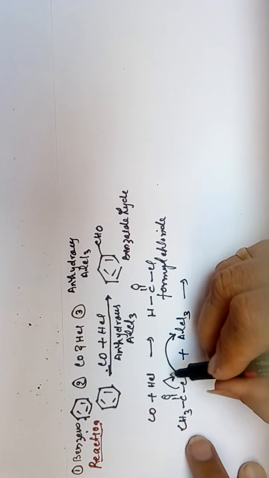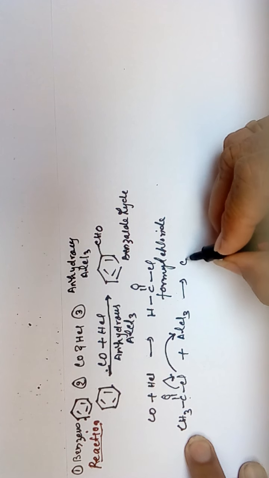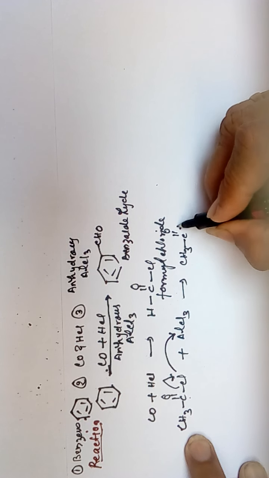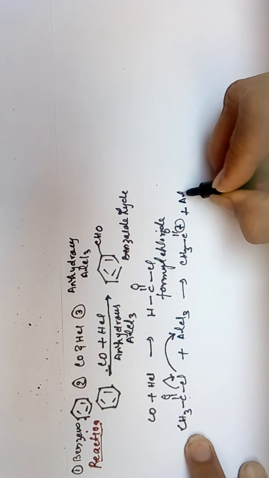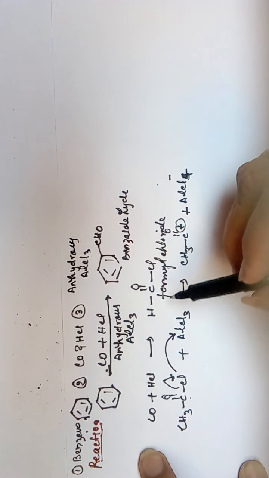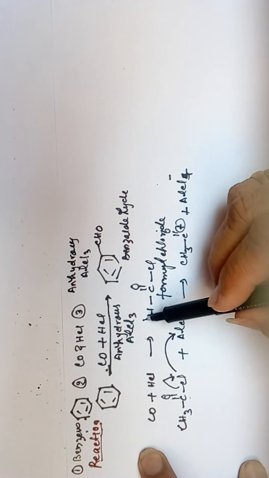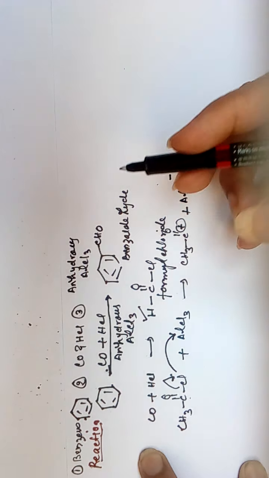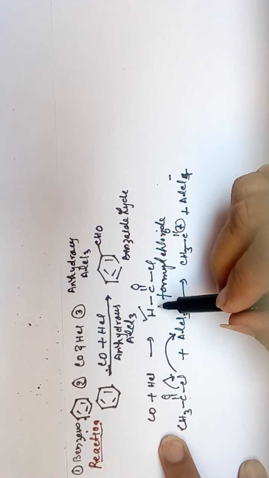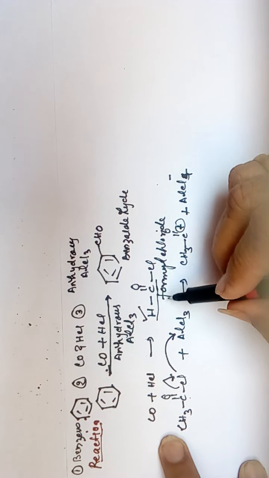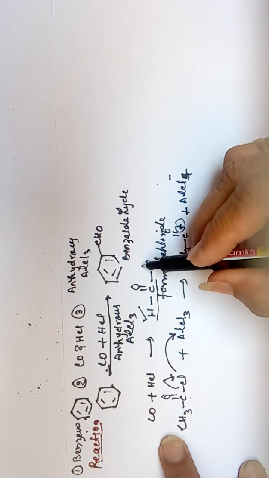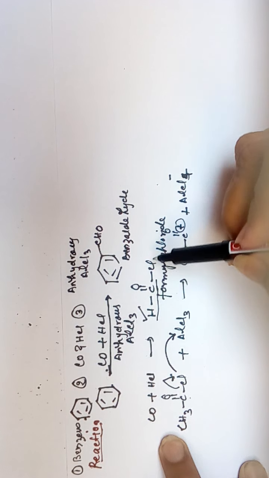This bond breaks and this carbon gets a positive charge, giving C double bond O positive, and AlCl4 minus is regenerated. Like this acylation reaction, in the Gattermann-Koch reaction an electrophile is generated from formyl chloride due to the release of this chlorine in the presence of AlCl3.